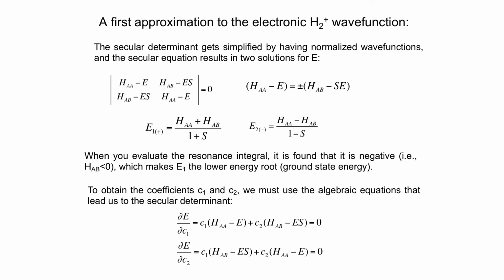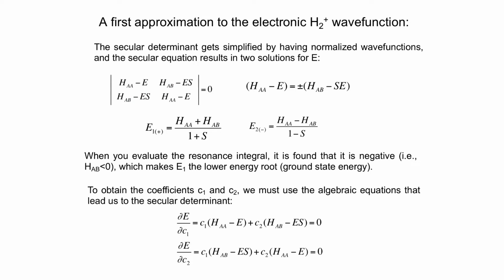Okay, so next step in this process is going to be to evaluate the secular determinant that we came up with on the previous slide. So again, remember evaluating a 2 by 2 determinant, you multiply your cross terms and subtract that second cross term, set it equal to 0.